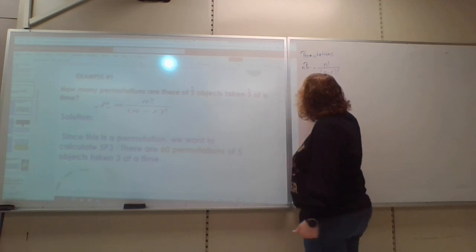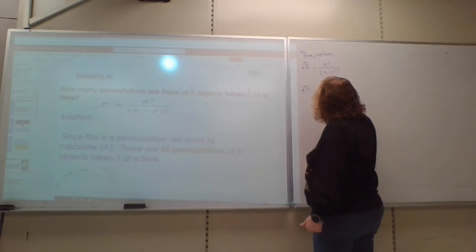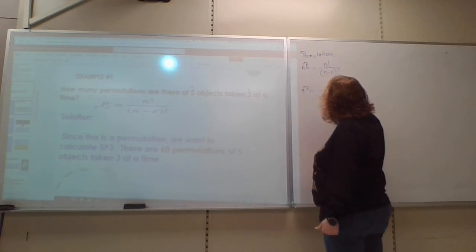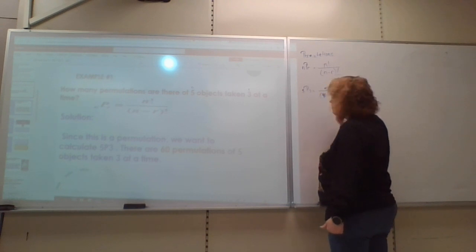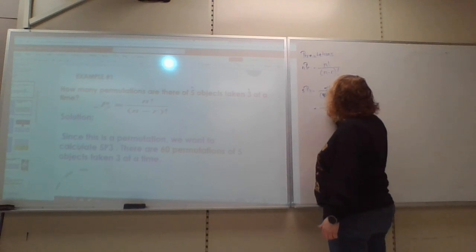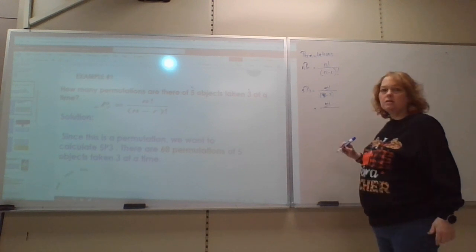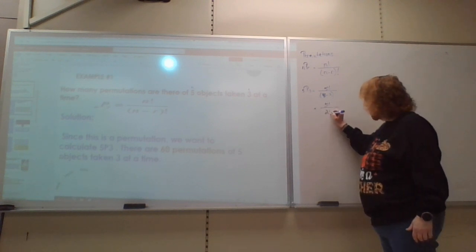So this means 5P3, right? So it means 5 factorial over 5 minus 3 factorial. We'll leave the numerator the same. So what's 5 minus 3? 2 factorial, right?